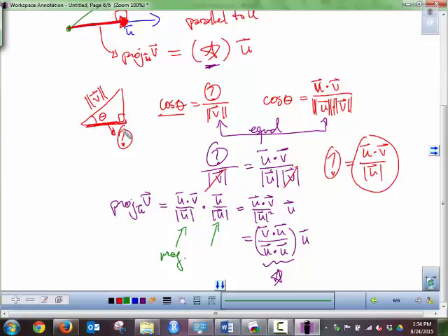That's the length of this side. And this is the unit vector. Yeah, that gives a direction. So this is the unit vector that gives the direction of u. And then you multiply it by the magnitude, and then we get the exact projection vector that we want. Okay?